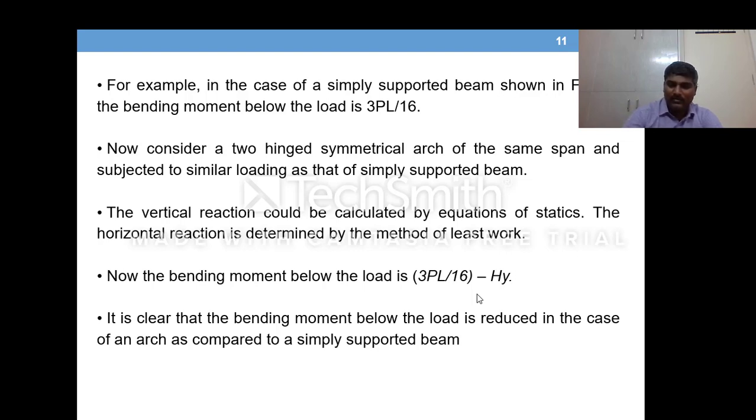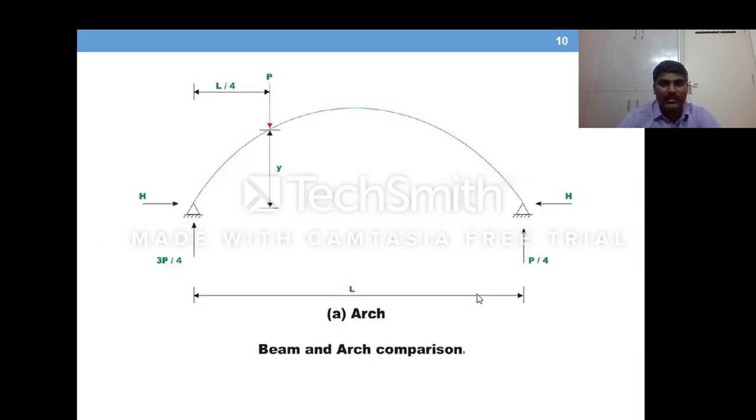Now if you work out the bending moment again, if you take bending moment about the point where the load is applied, 3P by 4 into L by 4 is going to be clockwise, which is 3PL by 16, and H into y is going to be anti-clockwise.